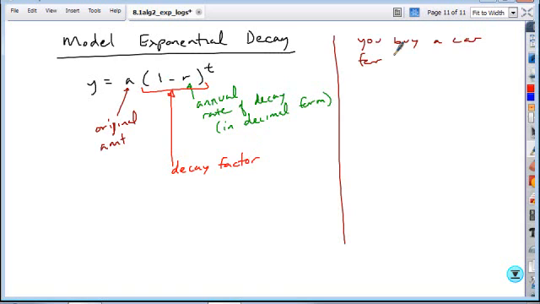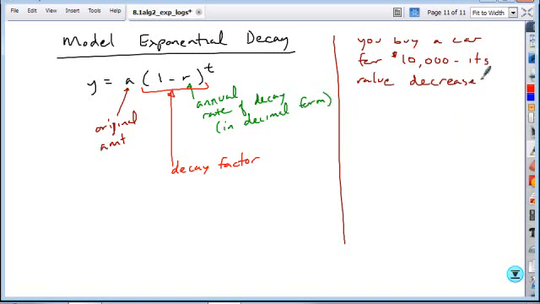Okay. Buy a car for 10,000, and let's say its value decreases by 16% annually. Now, is your car ever going to be worth zero?